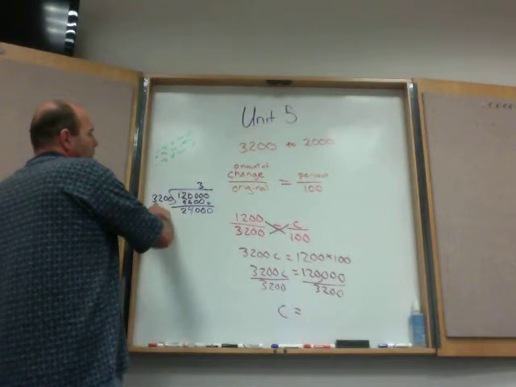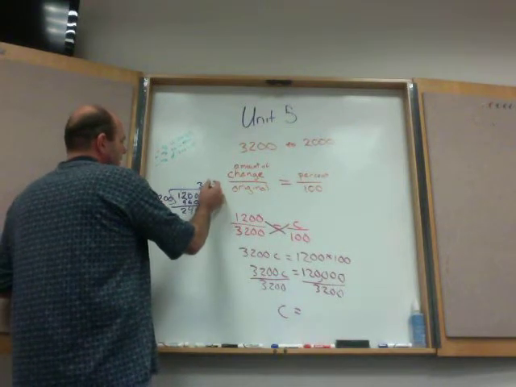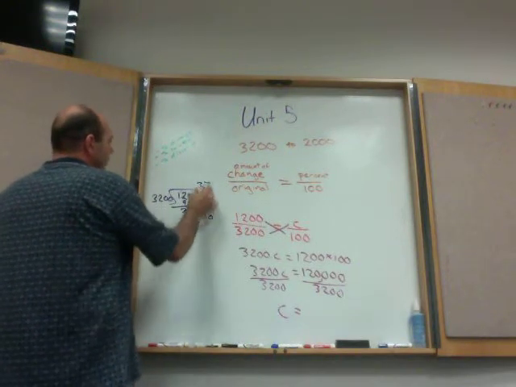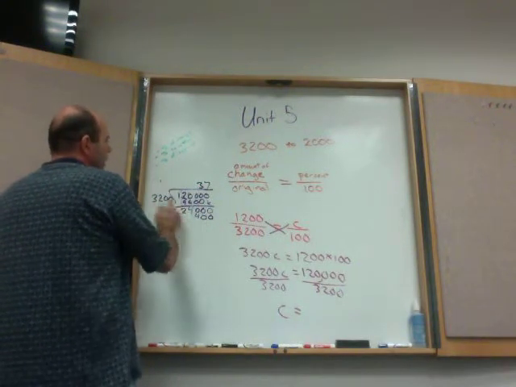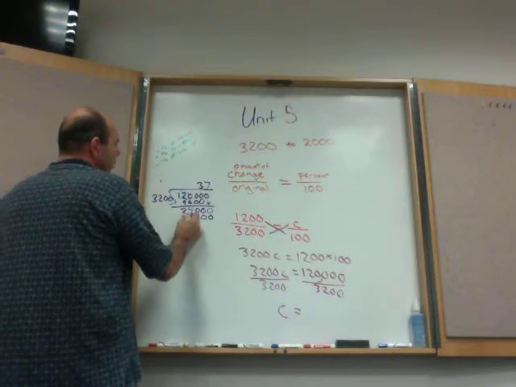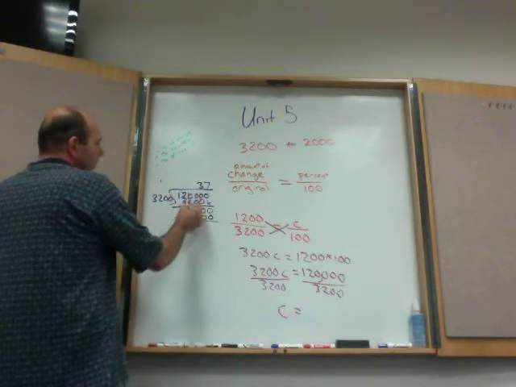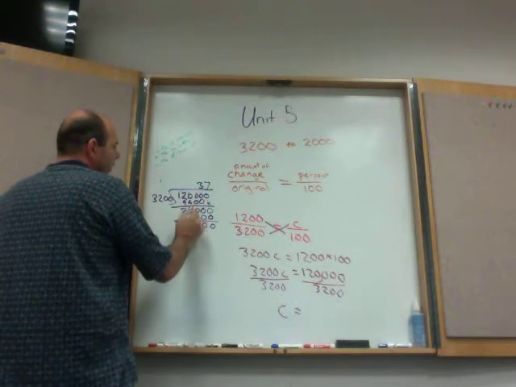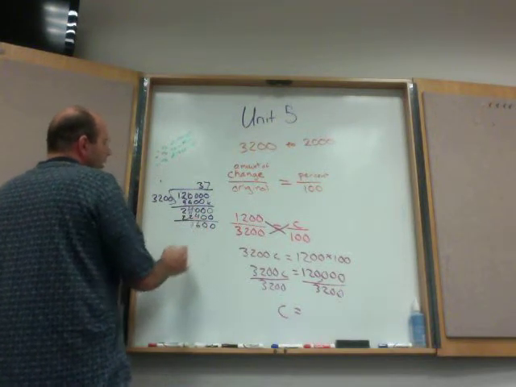Let me see, it won't go 8, but it should go 7 times. Let's try that. 0 and 0, 2 times 7 is 14, carry my 1, and 22. End up with 0, 0, this becomes a 10, and this becomes a 3, so 6 and 1.